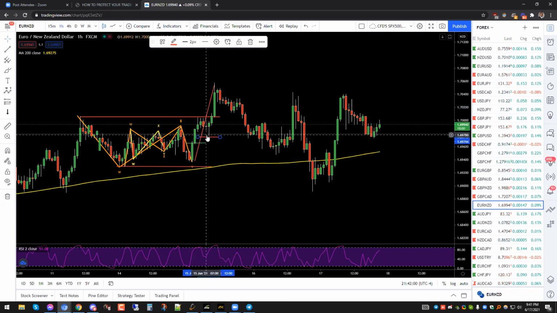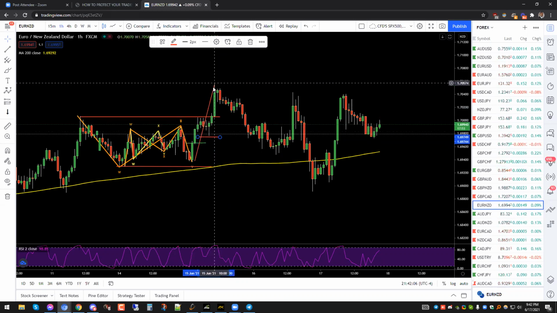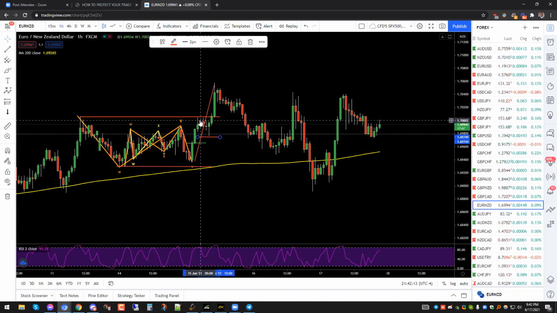So the trade is being protected by the corrective formation. And once the wave is complete, you exit the trade. For those of you who are support and resistance traders, once the price hits this resistance, you would want to exit the trade. So you would have been able to take a smaller move out of the market.